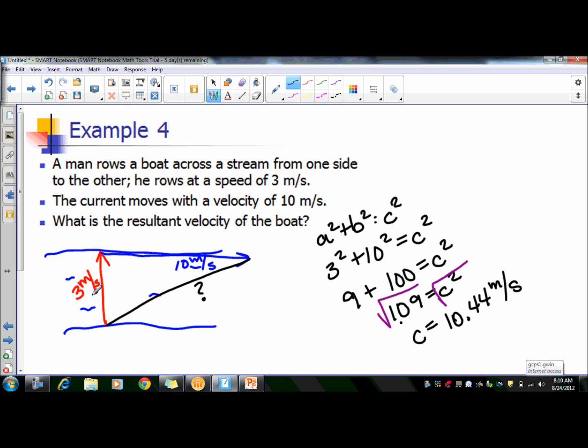So even though he's only rowing 3 meters per second, because the water is also pushing him at 10 meters per second, these two add together as vectors to create this hypotenuse side that is going 10.44 meters per second.